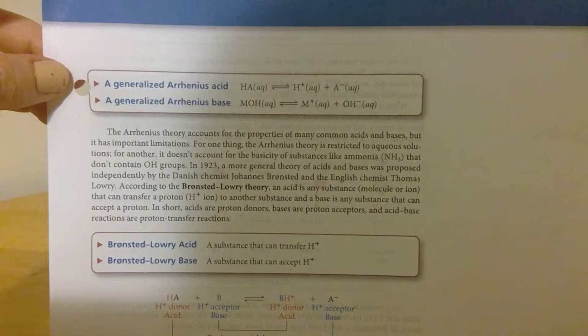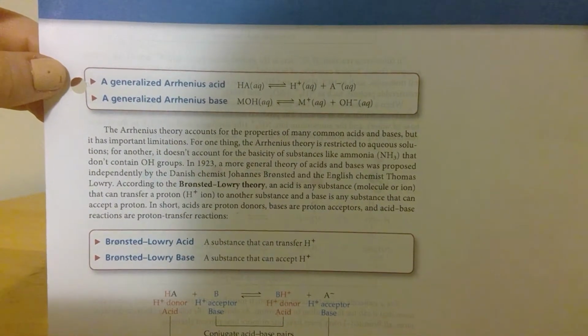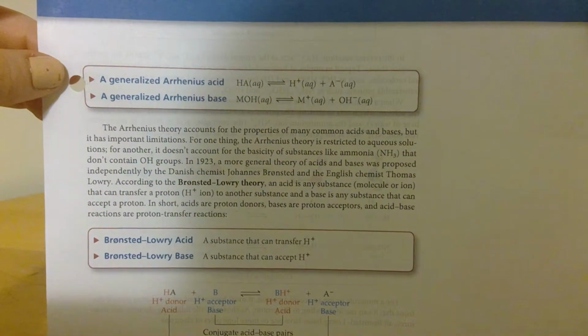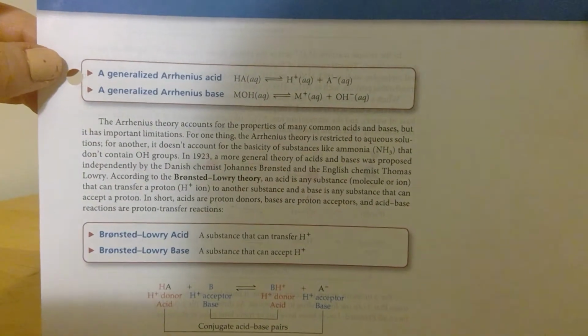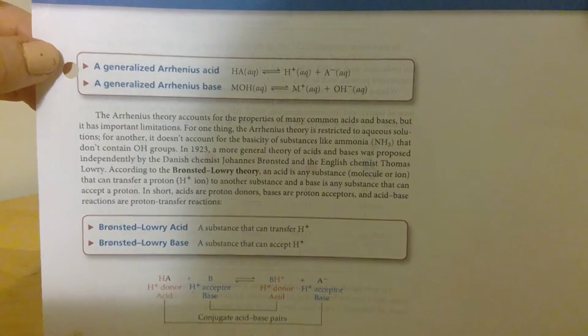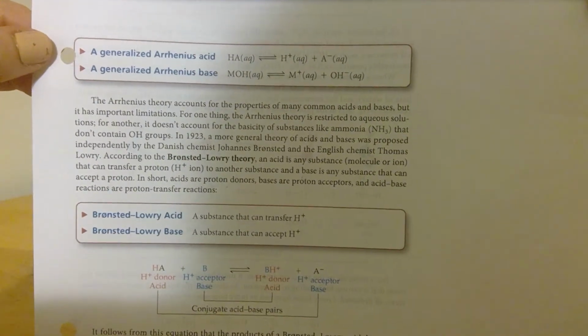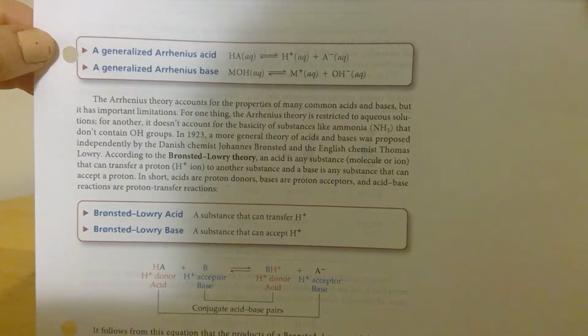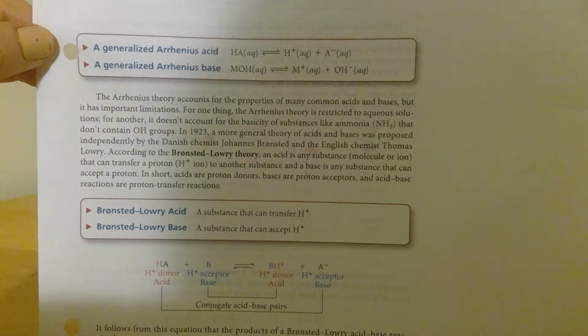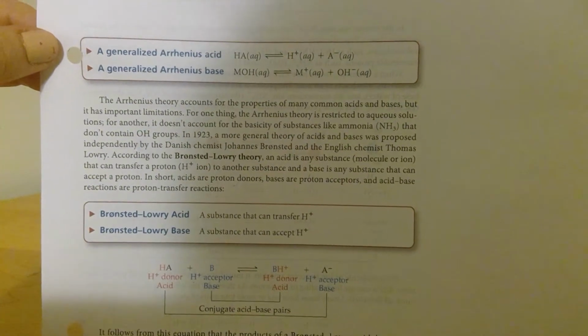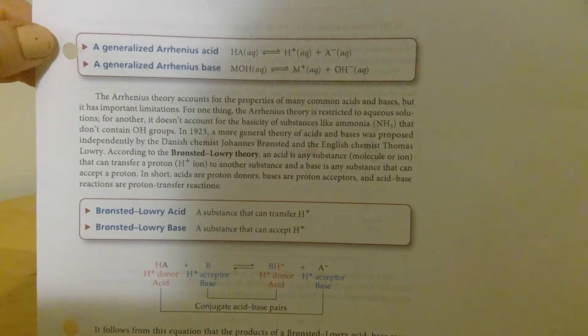In 1923, a more general theory of acids and bases was proposed independently by the Danish chemist Johannes Brønsted and the English chemist Thomas Lowry. According to the Brønsted-Lowry theory, an acid is a substance, molecule or ion, that can transfer a proton, H+ ion, to another substance, and a base is a substance that can accept a proton.